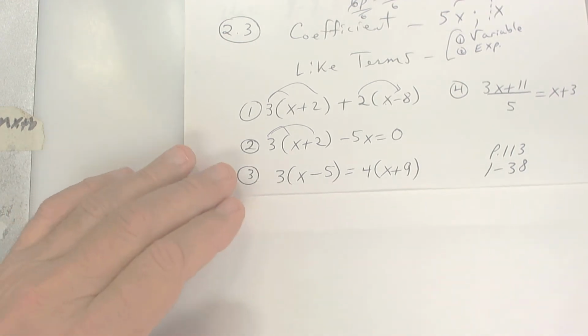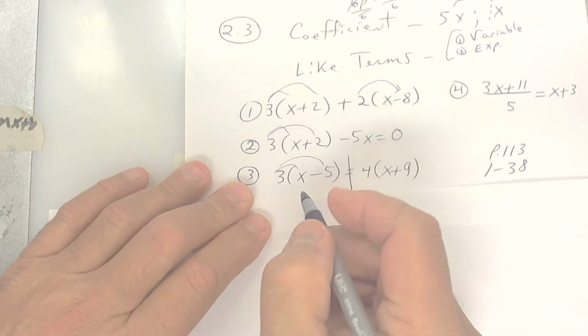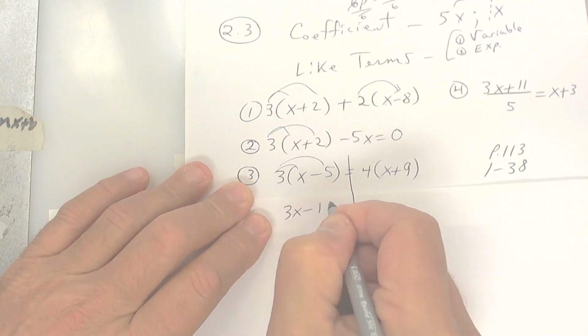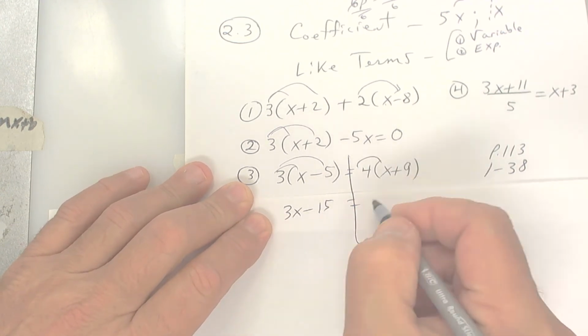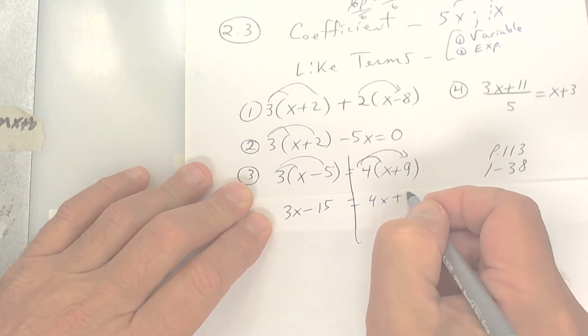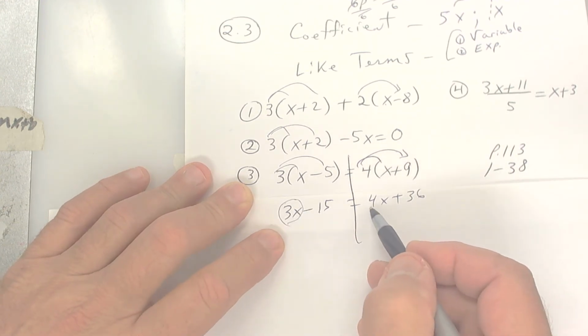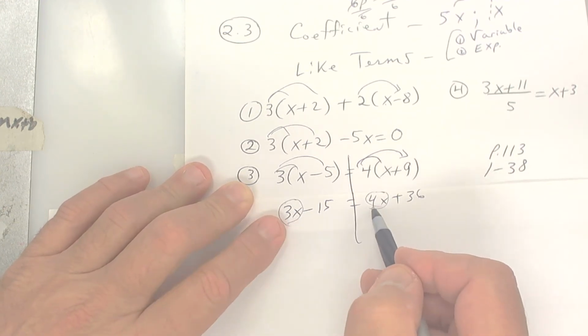Number 3, draw a line. You got variables on both sides, so you're going to distribute. So that's 3x minus 15 equals 4x, and that's 36. 4 times 9. Okay? Now you got variables on opposite sides, so you can't add these up.